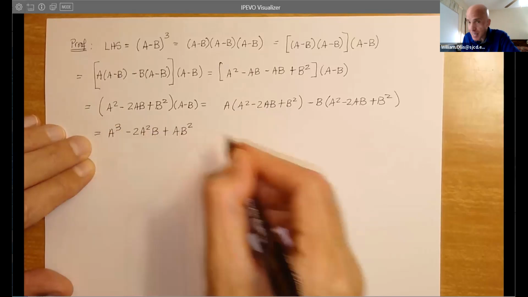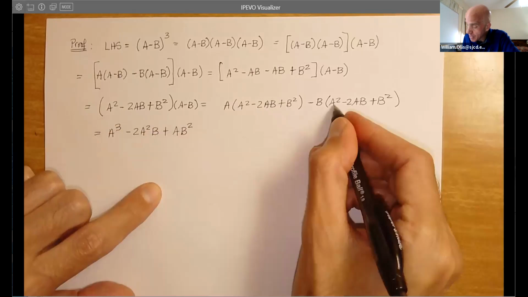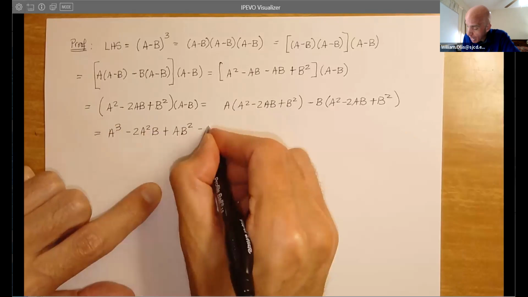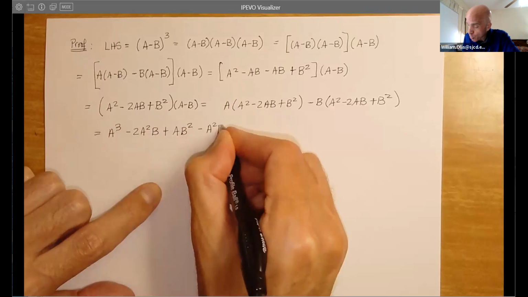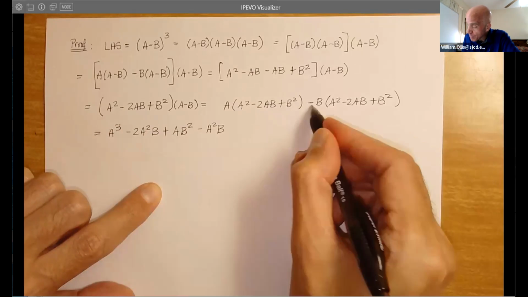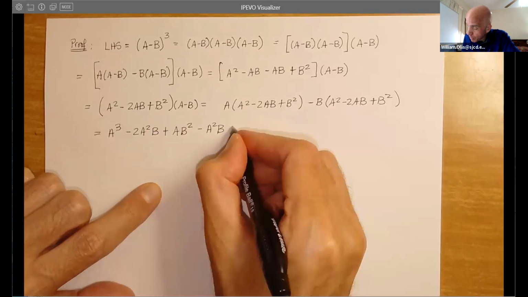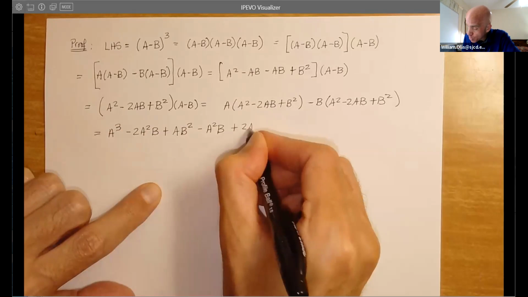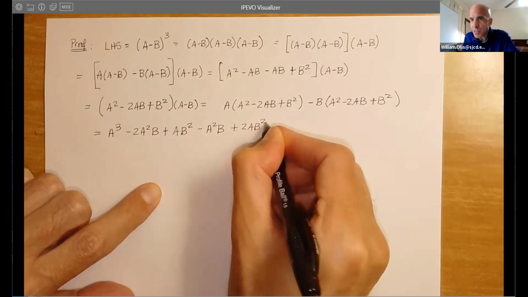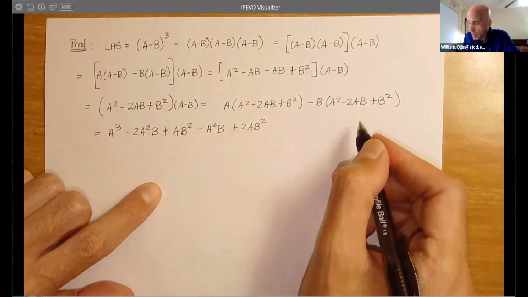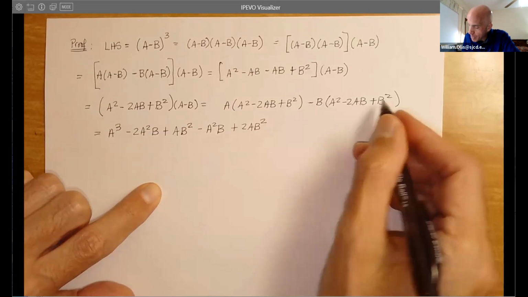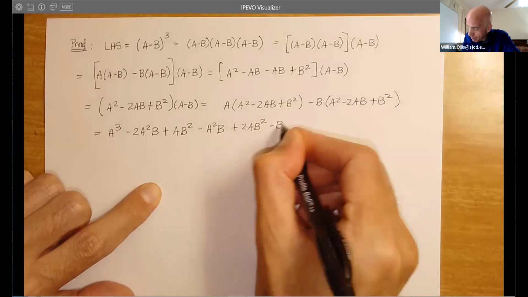Now let's move to the second expression. So we have the negative b times the a squared. So we'll just do it in alphabetical order. Do the a squared first. And then negative negative, that'll be a positive, plus 2ab squared. We use that as a theorem. It is a theorem and it's very useful. Negative b times the b squared is negative b cubed.